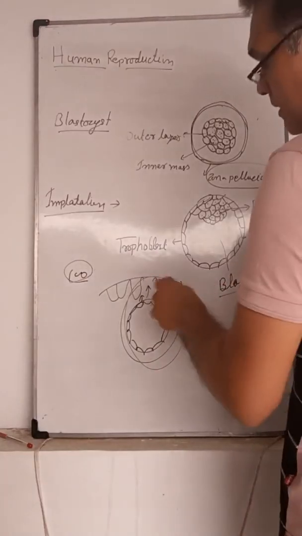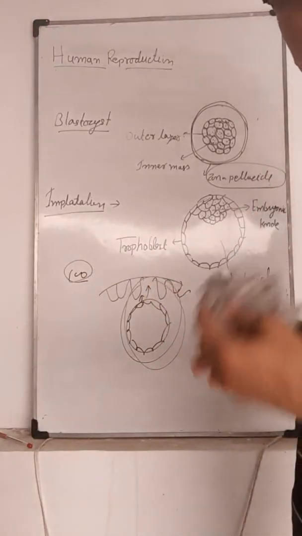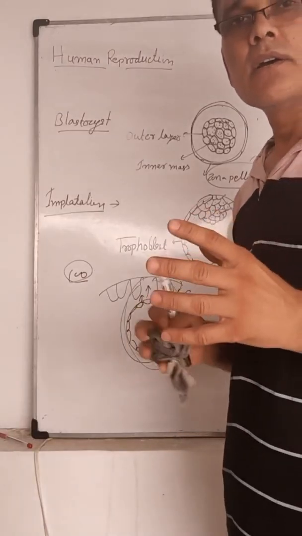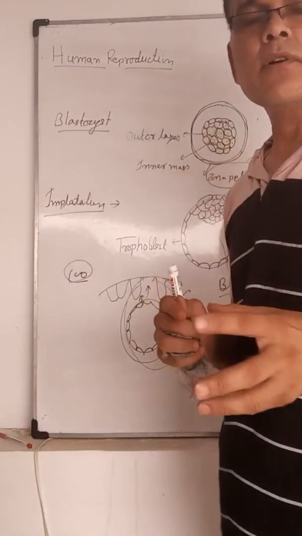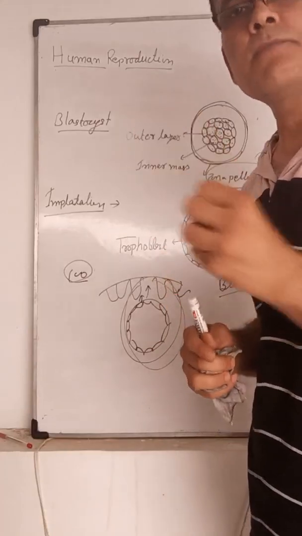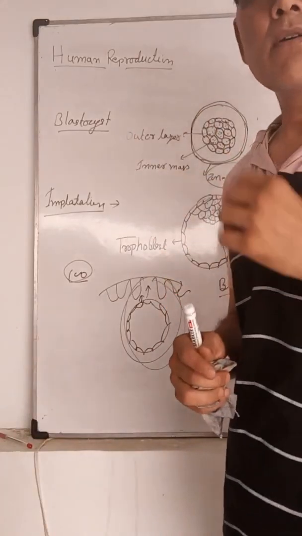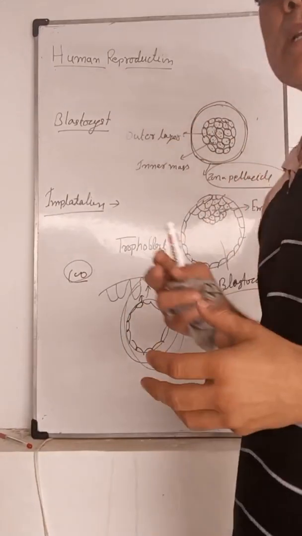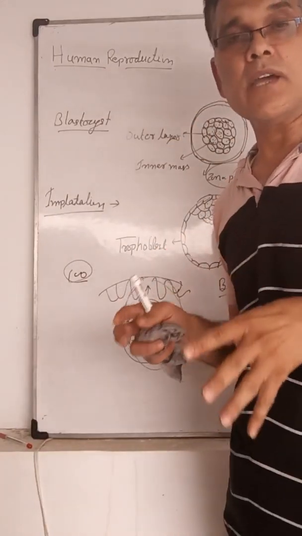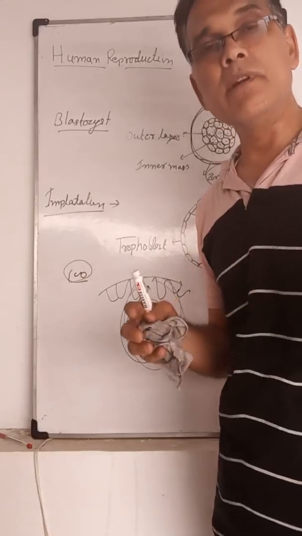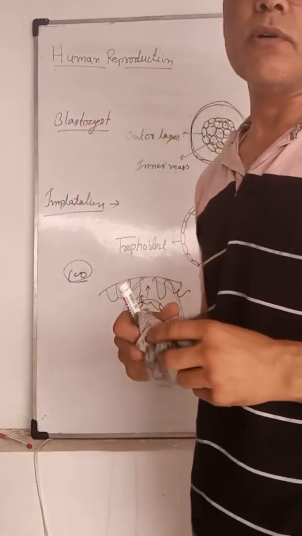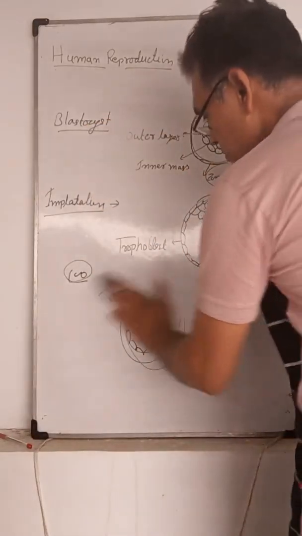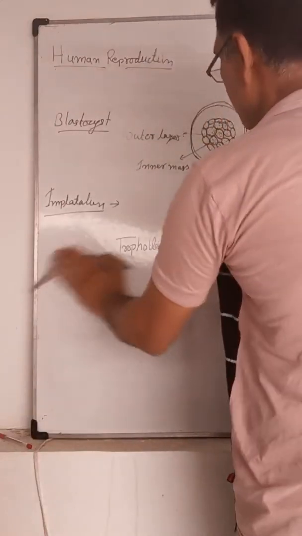From here, all the substances required by the zygote are received from the mother's womb, and the excretory substances found in the zygote and embryo are transported to the mother's womb.